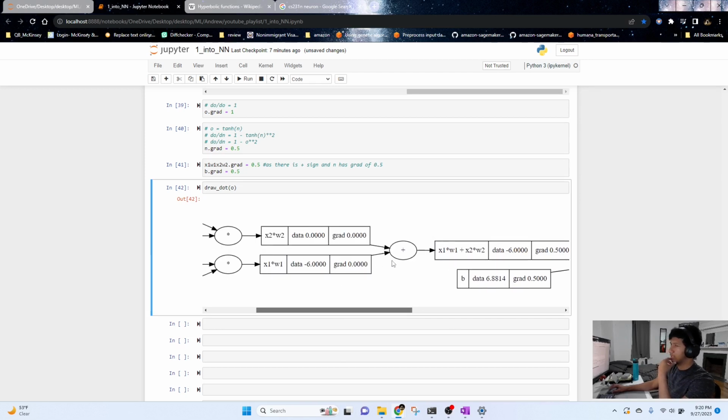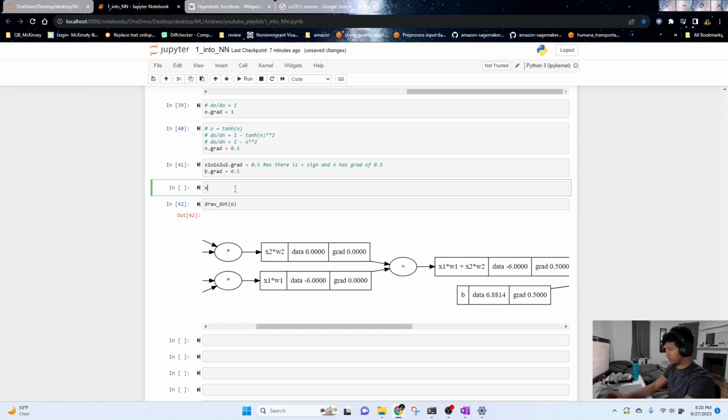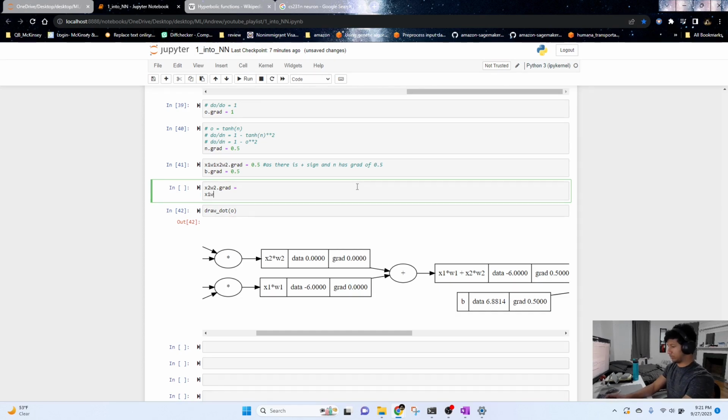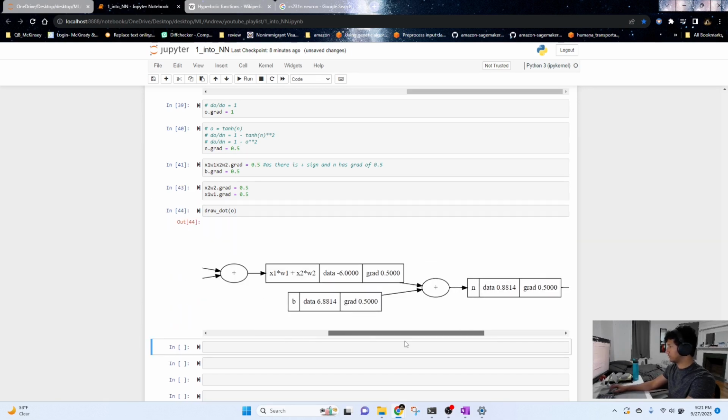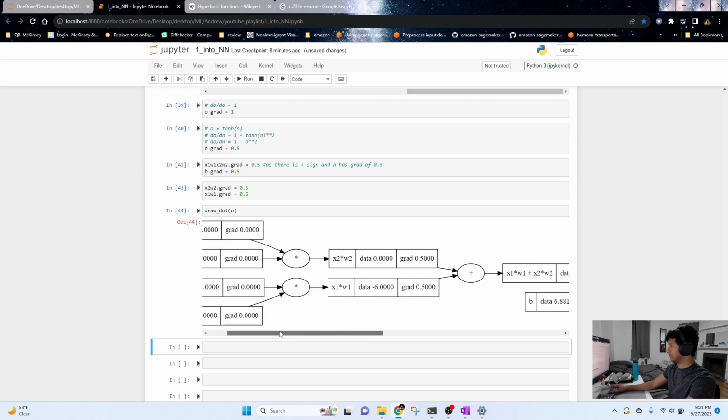It again goes back to the same thing here. So since there's a positive sign, x2 w2 dot grad is equal to 0.5, and then x1 w1 dot grad is equal to 0.5, right? Cool. So we got it till here. Now it's time to go a step back.